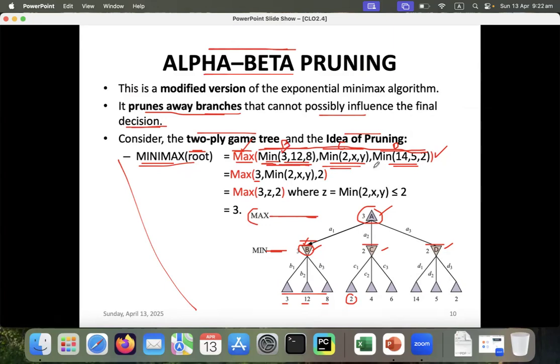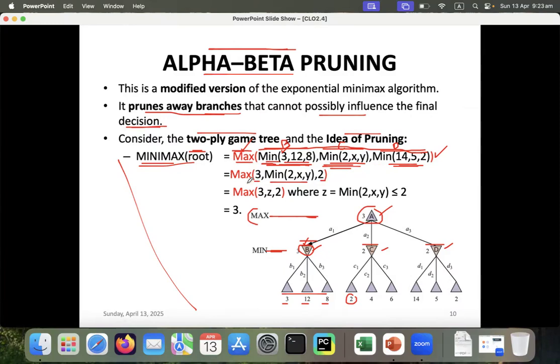Clear? And then similarly for min 2 and x, we are not deciding for the moment, and we are writing it as it is, because we don't know x and y for the moment. We know, but we are writing it as it is to get the understanding. Min 14, 5, here all values are clear, so min player will give us the 2.